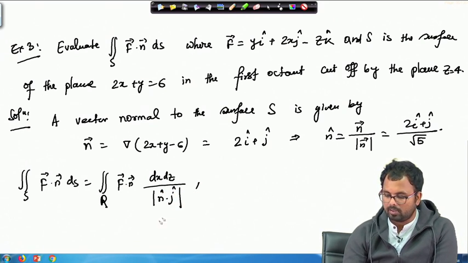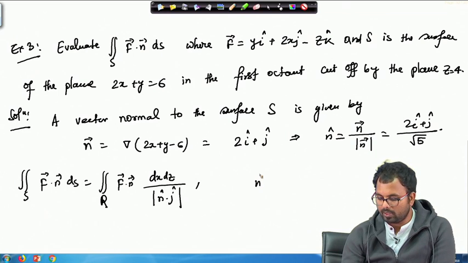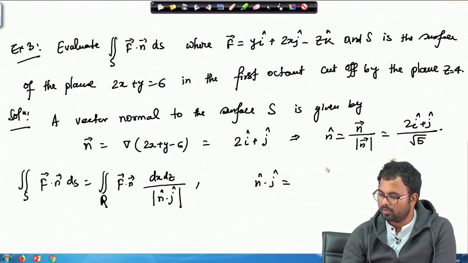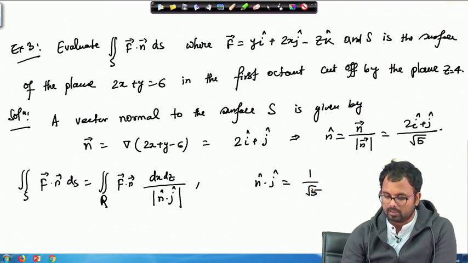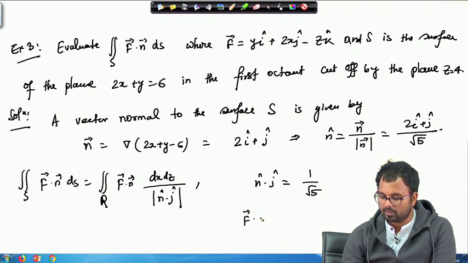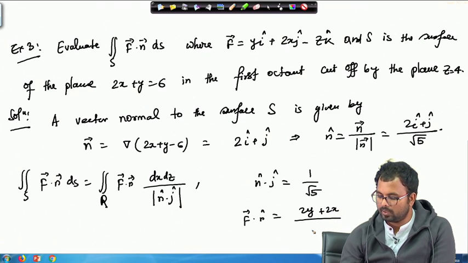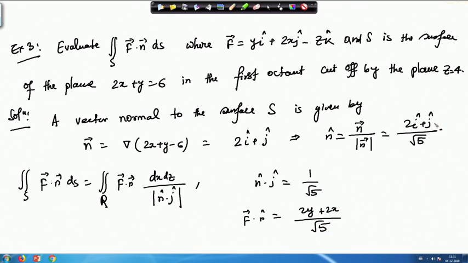So, now n is given in this fashion. So, n dot j would be 1 by square root of 5, right, and f dot n would be 2y plus 2x divided by square root of 5. The k component is 0. So, after taking the dot product, the k component will not occur here.